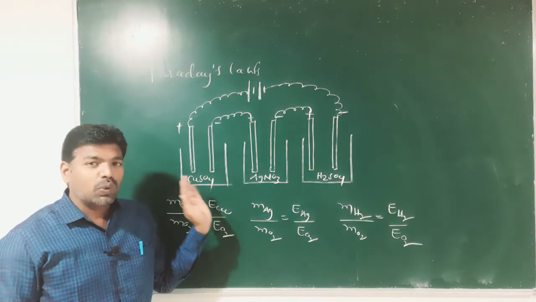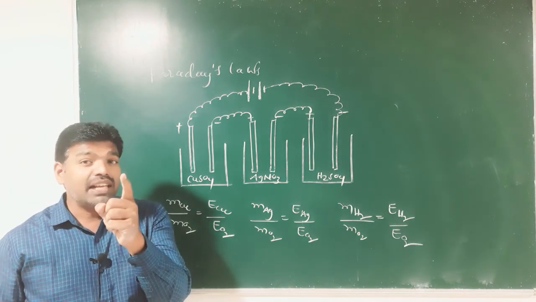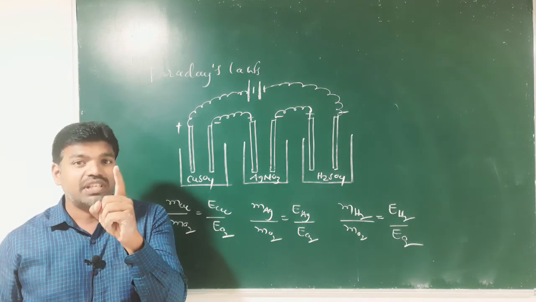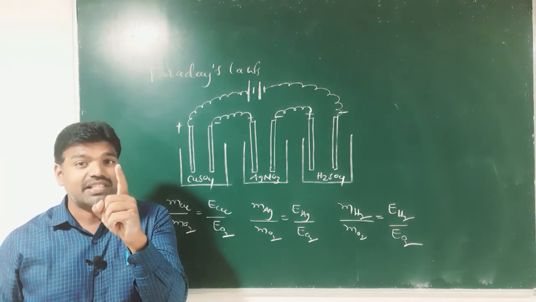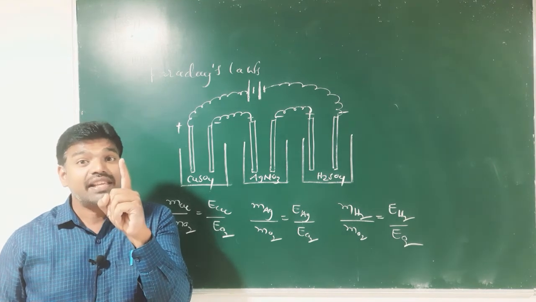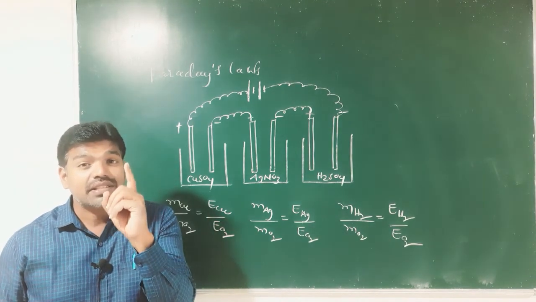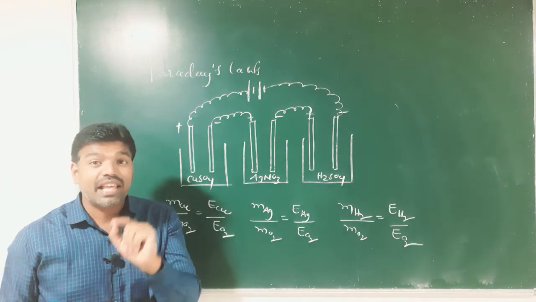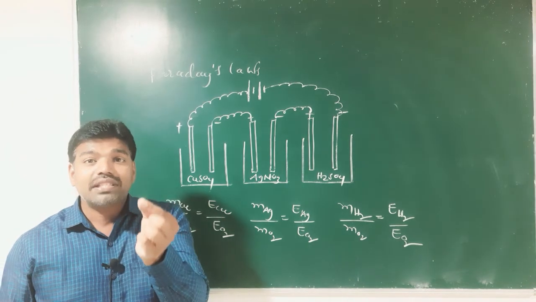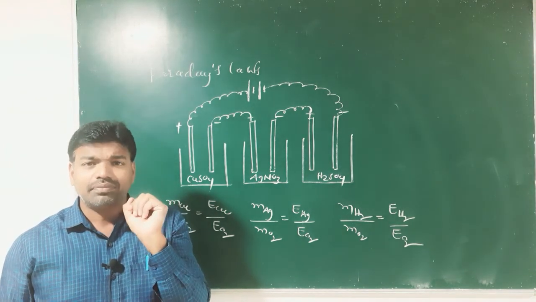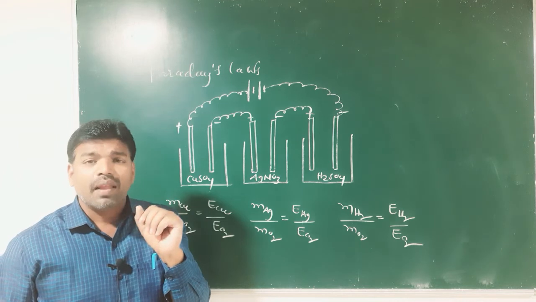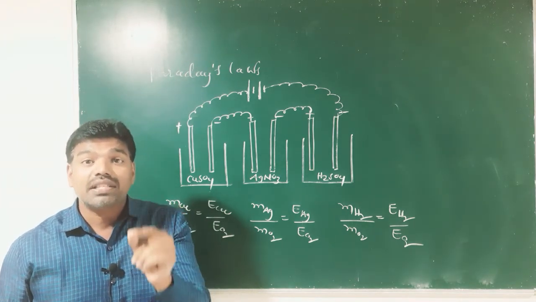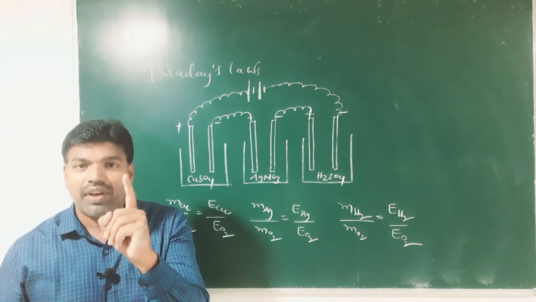Let me conclude this lecture. Electrochemical equivalent is nothing but the mass in grams of chemical substance deposited at the electrode for the passage of 1 coulomb of electricity. Whereas chemical equivalent is the mass of substance, usually in moles, deposited at the electrode for the passage of 1 Faraday of electricity.